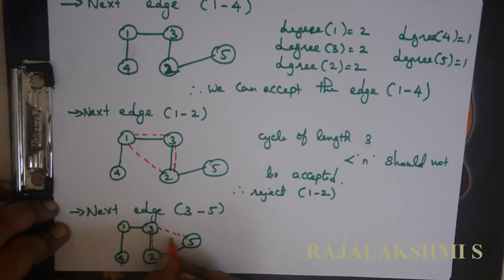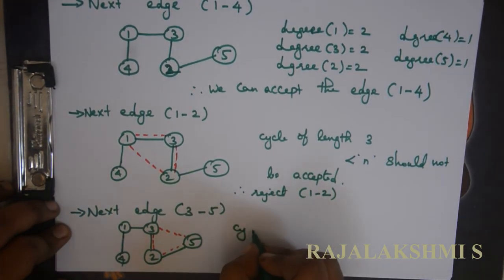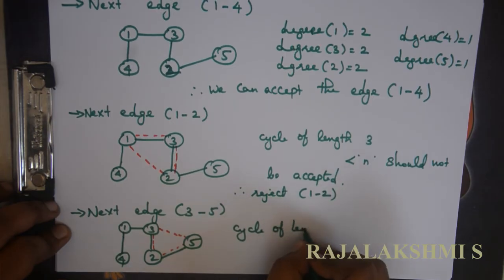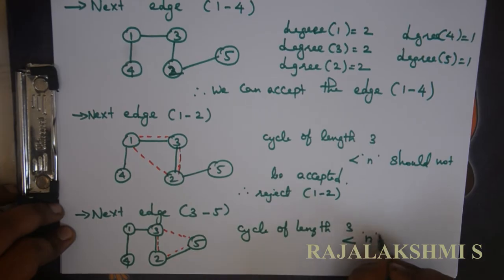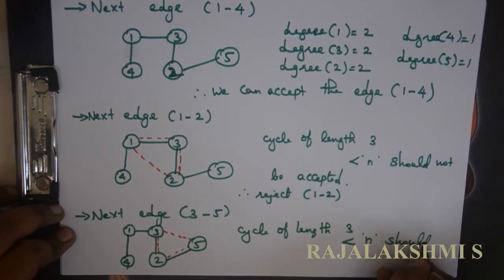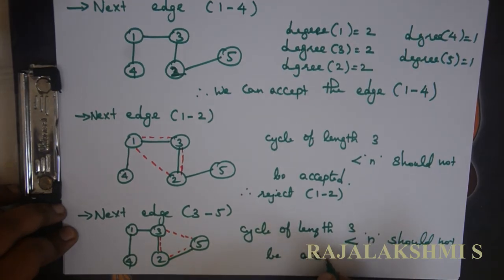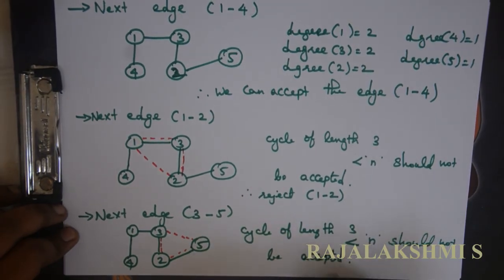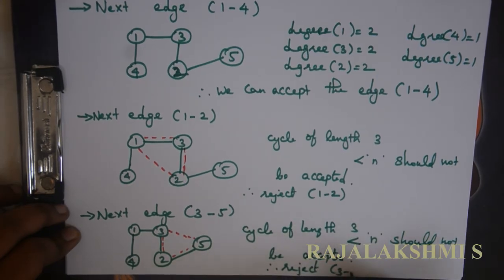The dotted red lines indicate a cycle of length 3. A cycle of length less than n should not be accepted. Therefore, reject 3 to 5.